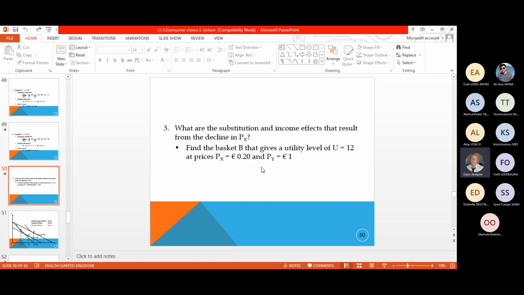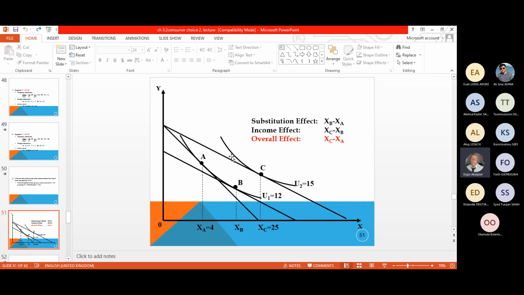Then what are the substitution and income effects? The question is, what are the substitution and income effects that result from the decline in Px, finding the basket B that gives the utility of U1 at price Px of 0.20 and Py1. Then we have all these that we have estimated.